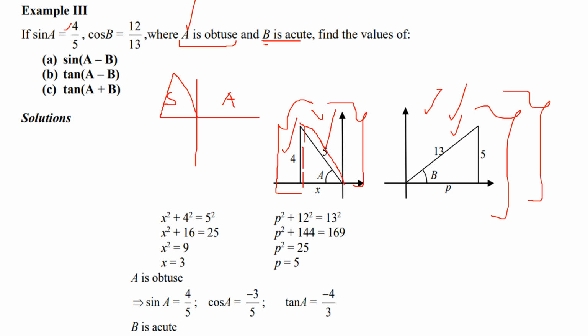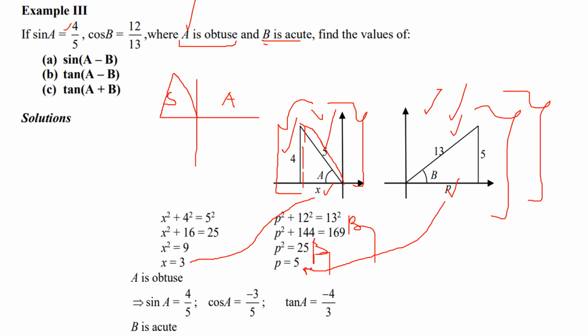Now they didn't give us the values of adjacent in either of them. So what do we do to get adjacent? I told you to use the Pythagoras formula because it's given a mark. Sometimes we give it 2 marks. And then students tend to miss out such marks when they are trying to do everything on the calculator. Here we are not marking content, we are marking how organized you are. So you find that X is going to be 3 and then P is going to end up with 5.